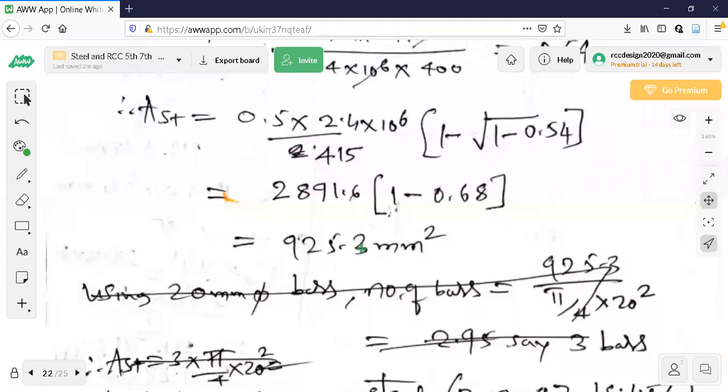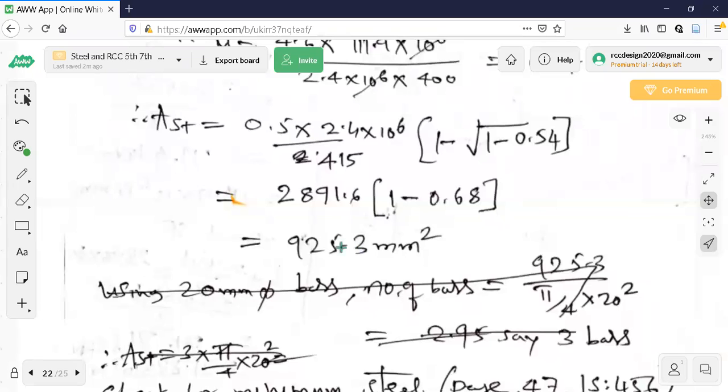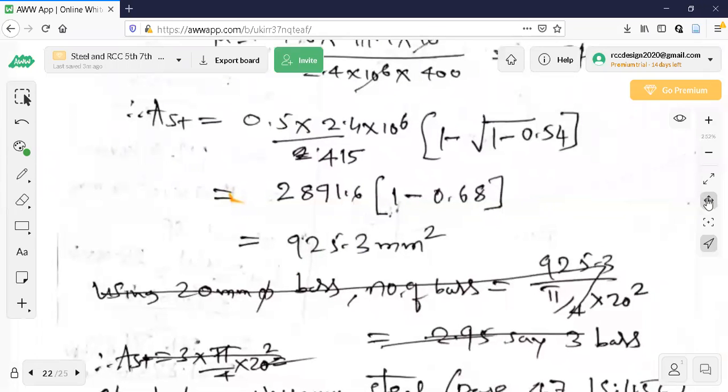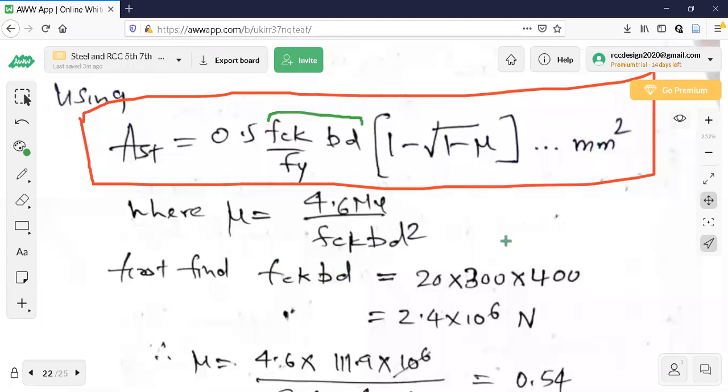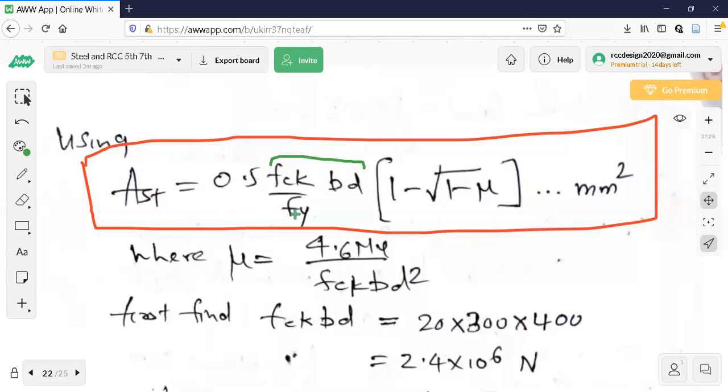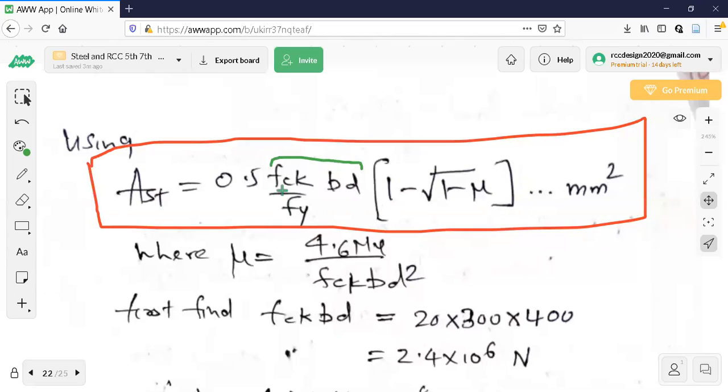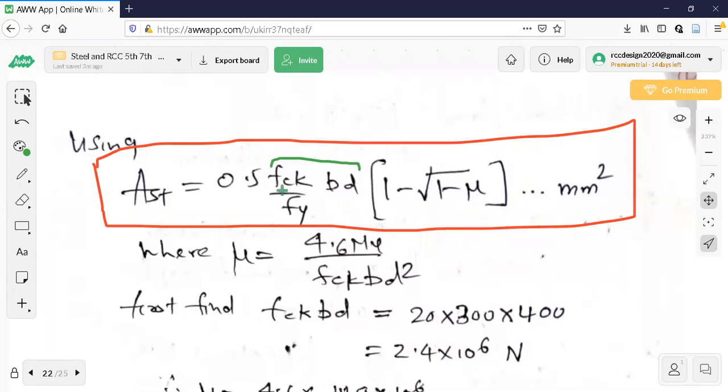One more method is there, which gives you AST in quadratic equation form. If you cannot remember this formula, after sufficient practice you will be able to remember it, because in most design textbooks this is used, as it does not give you any quadratic equation. If you use the codebook, you end up with a quadratic equation in AST.